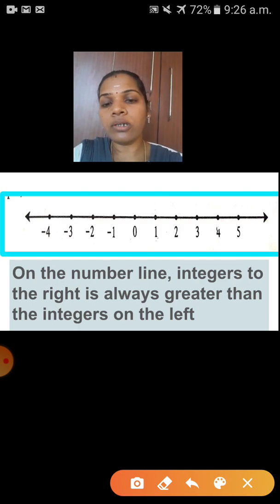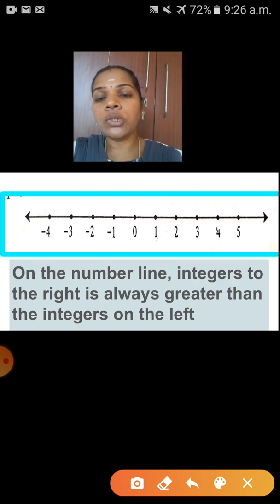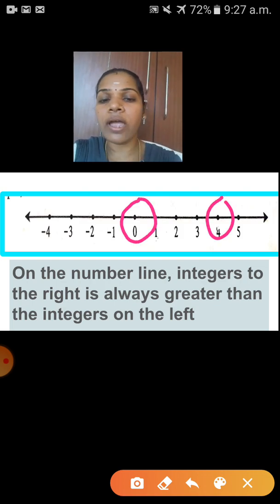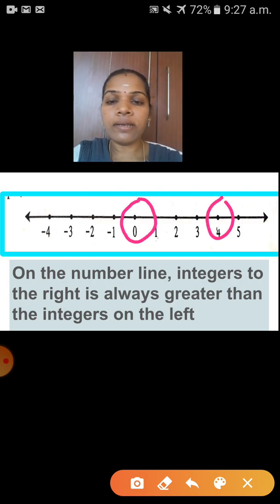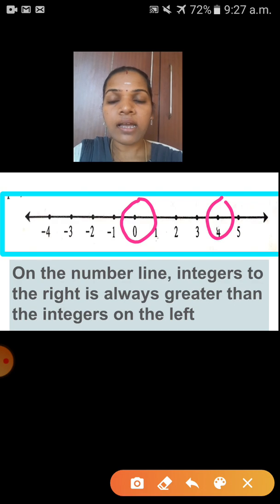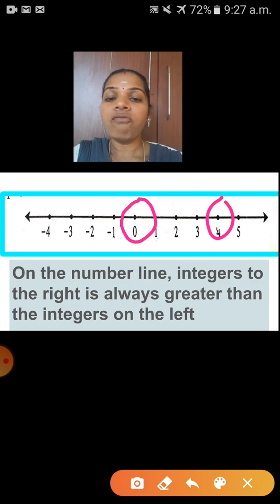Suppose I am choosing here 0 and 4. Which one is on the right side? Yes, 4 is on the right side, and which one is on the left side? 0. So here we can say 4 is greater than 0.